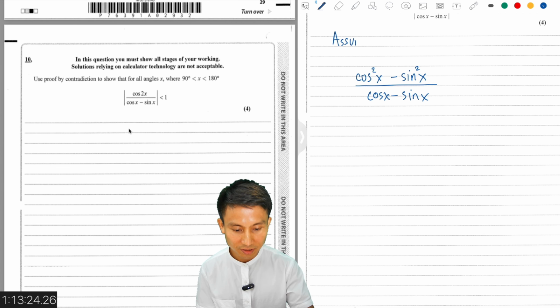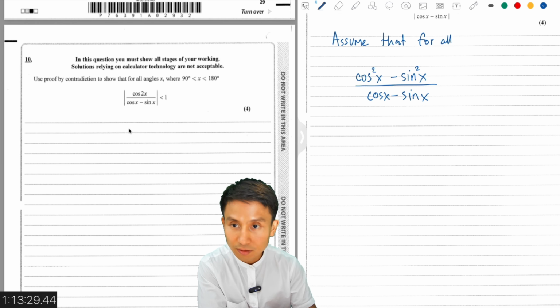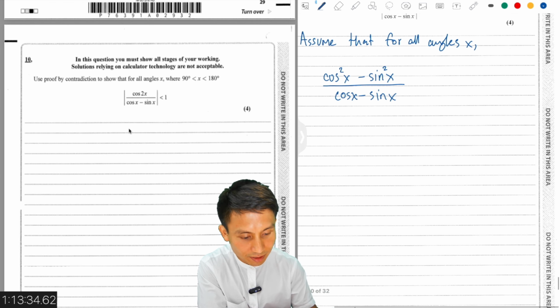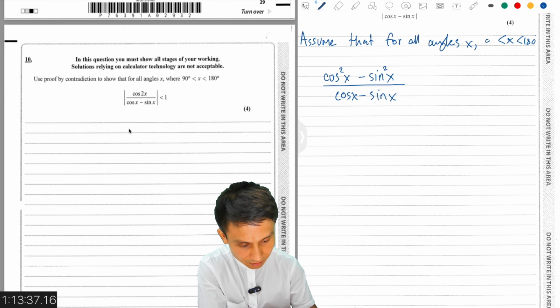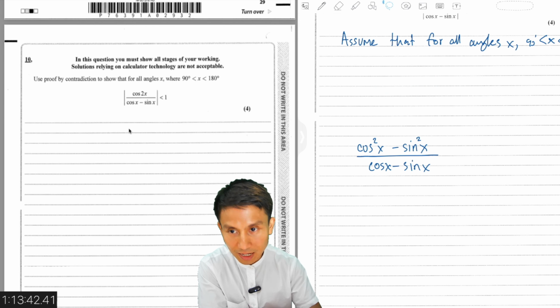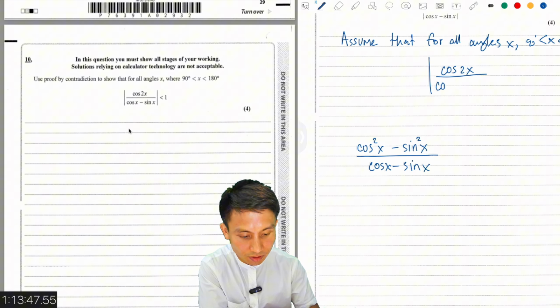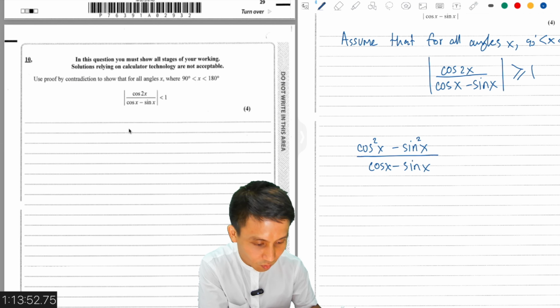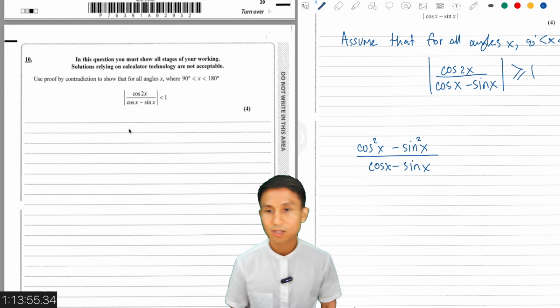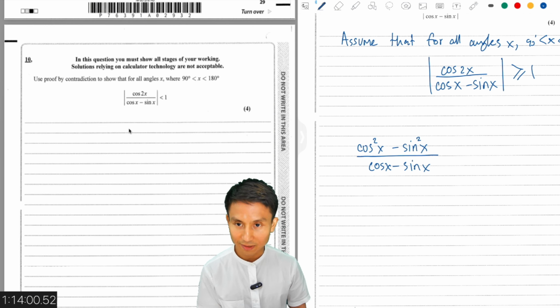So assume that for all angles x, where x is in the range, the modulus of cos 2x over cos x minus sin x is greater than or equal to 1, because the opposite to less than 1 would be greater than or equal to 1, right? So I just got that.